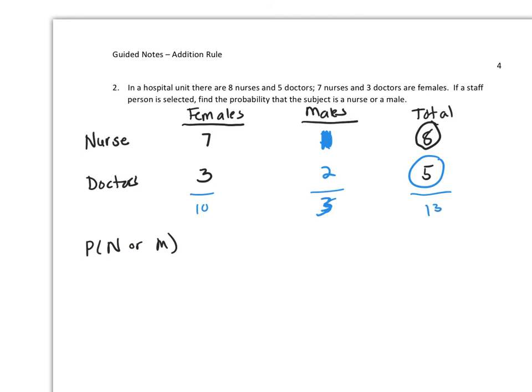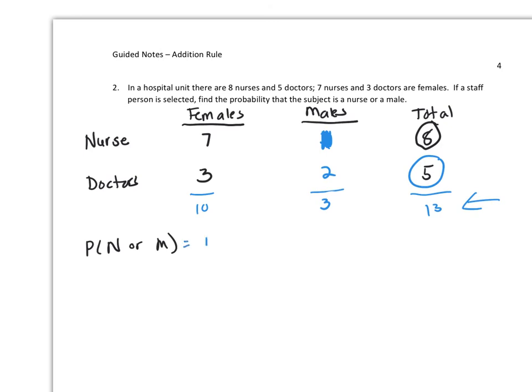I'd made a mistake. I wish I could say I made it on purpose, but I didn't. But it made sense because I had 8 plus 5 is 13. And well, it didn't make sense because it wasn't adding up to 13 in this bottom row for totals. All right, I'm not going to redo this video because I messed up.